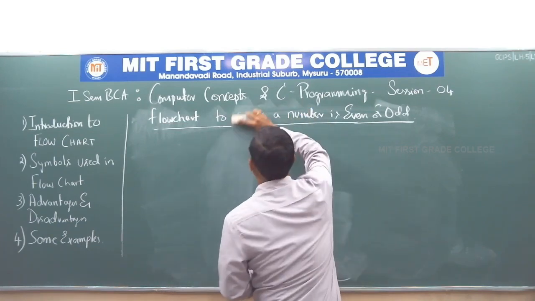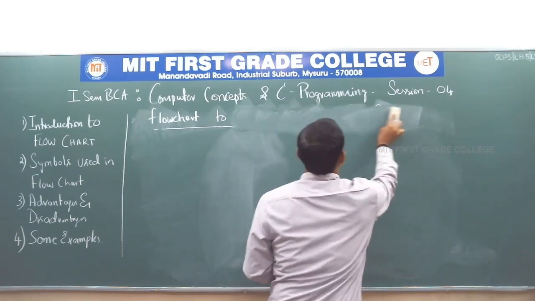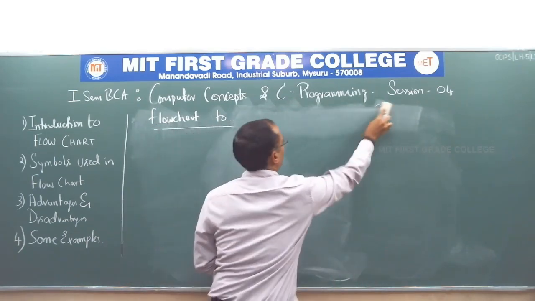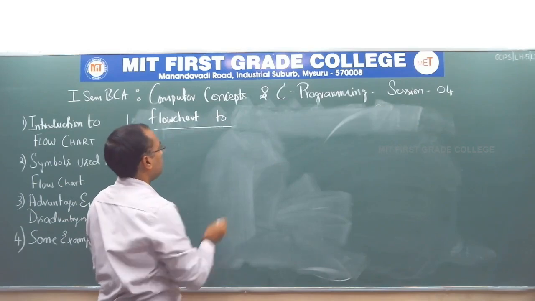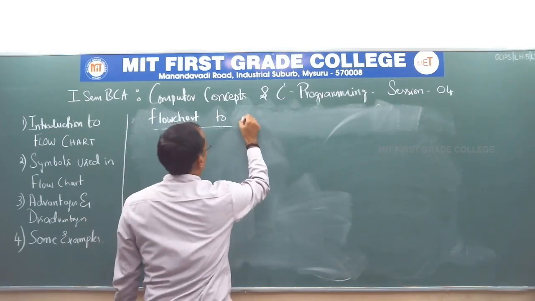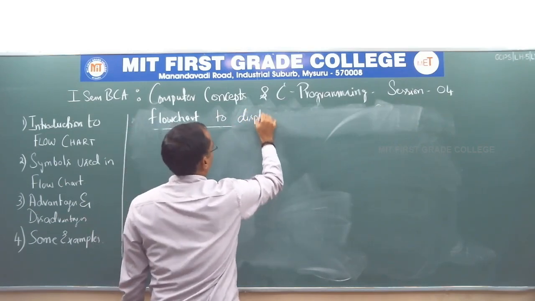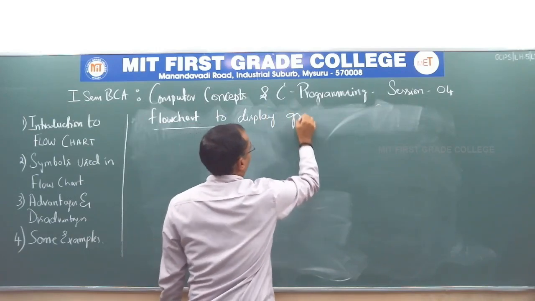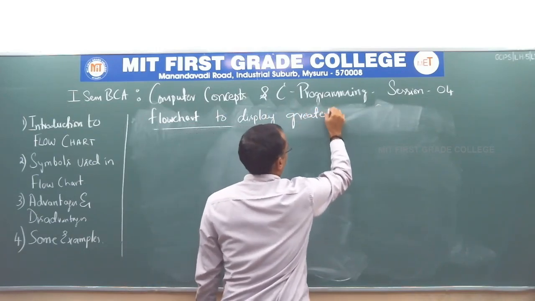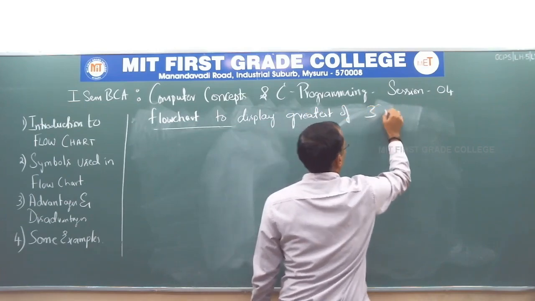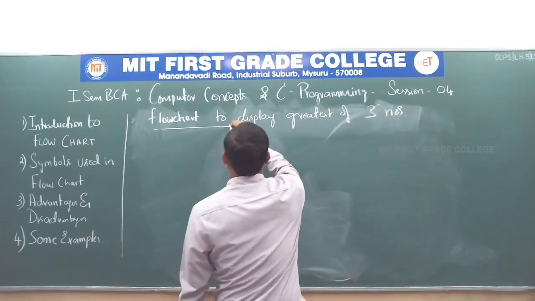Next, we'll take one more example, a flowchart to display the greatest of 3 numbers.